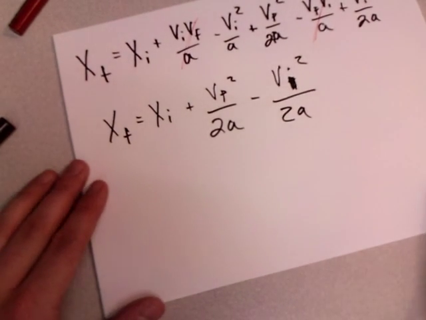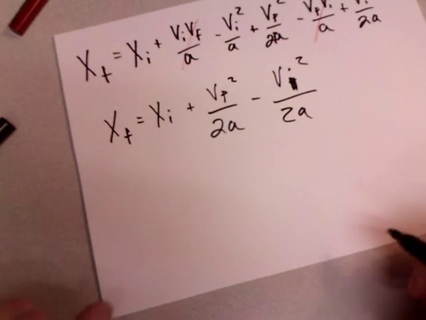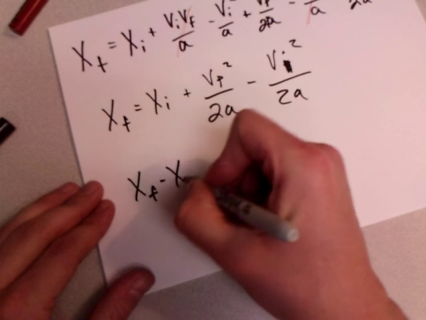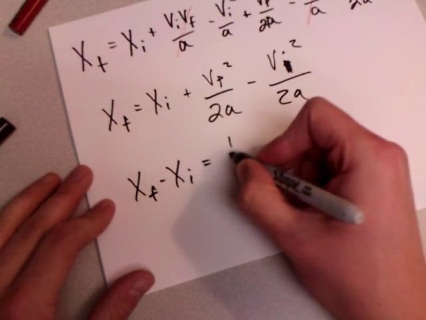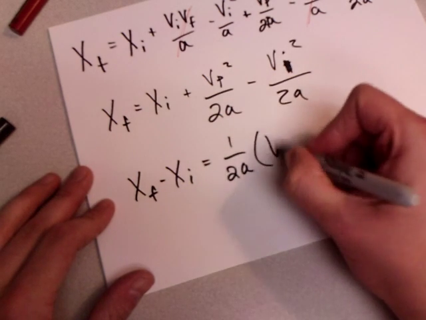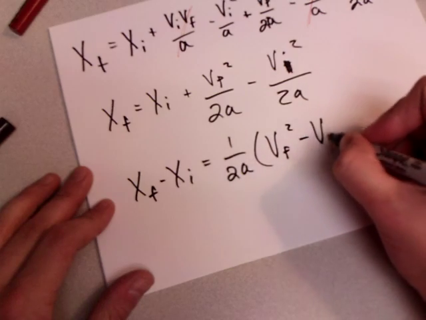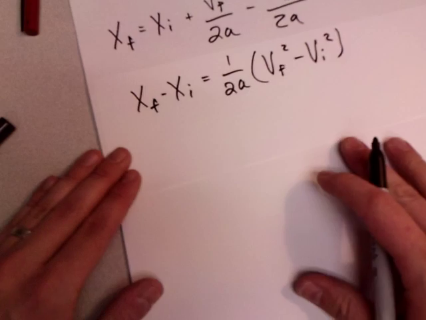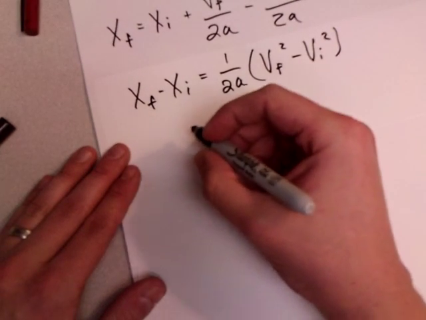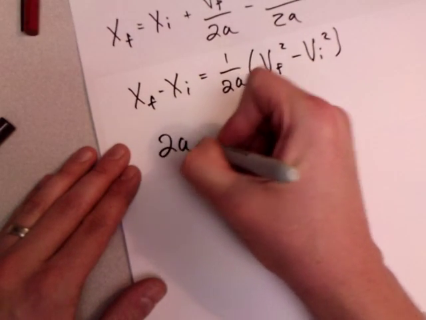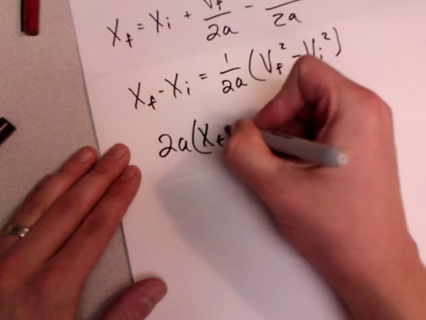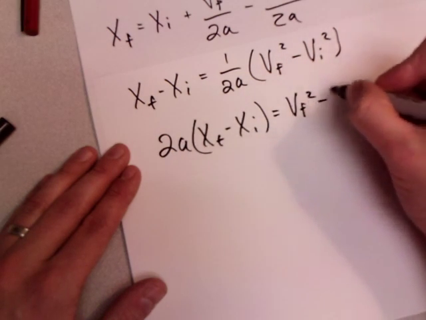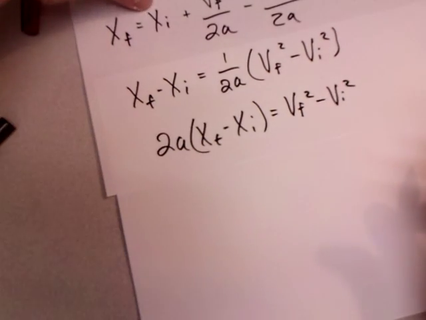Now I want to rearrange this so I get my VF squared term all by itself. So I'm going to start by saying XF minus XI equals, I'll pull out 1 over 2A. That leaves me with VF squared minus VI squared. And then after I do that, I can say that 2A multiplied by XF minus XI is going to give me VF squared minus VI squared.